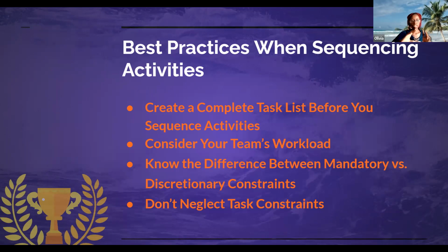And it's really important that you find out which is which constraint. That's why it's very important to ask questions. Most times we cannot tell, especially when you're working with developers. So you need to ask questions like, can you do task A before task B, or you cannot do that.